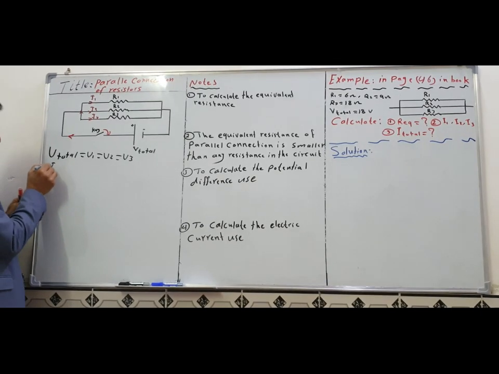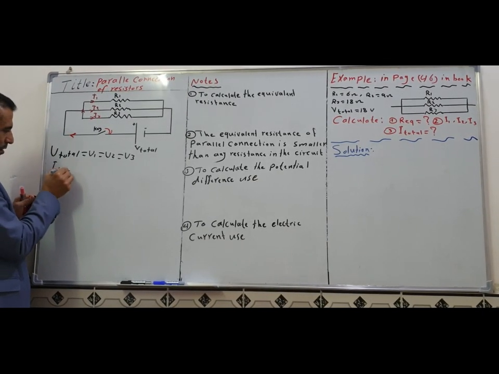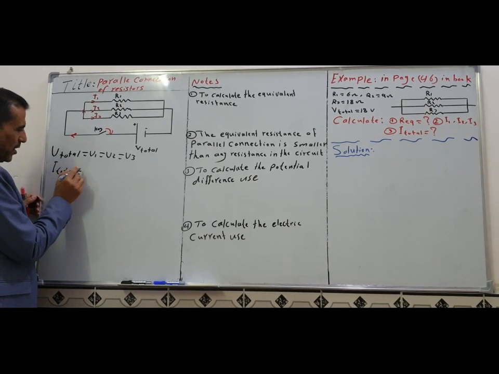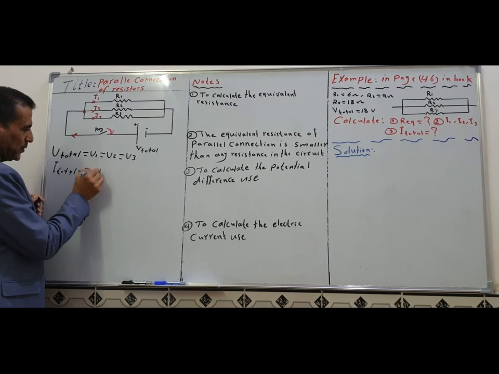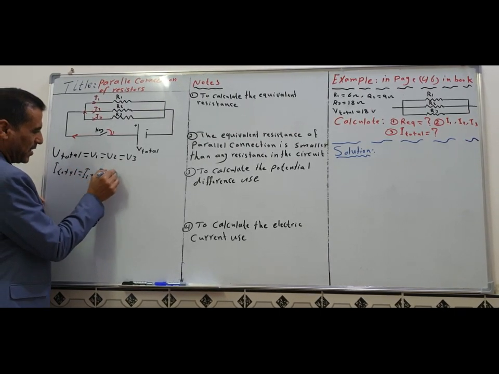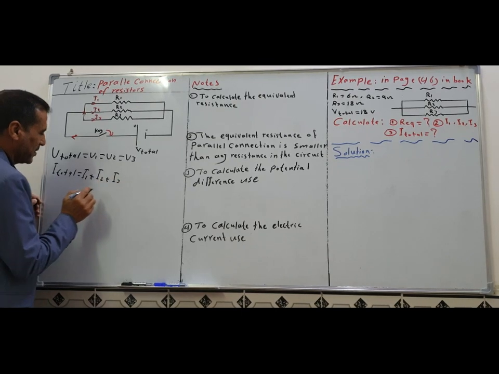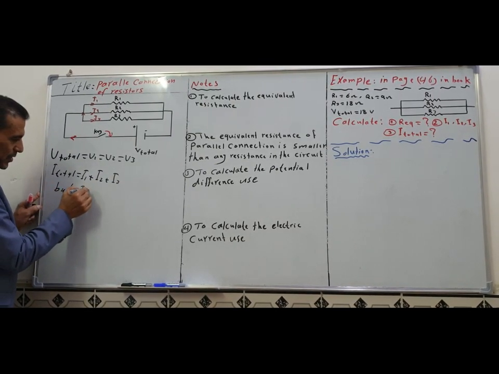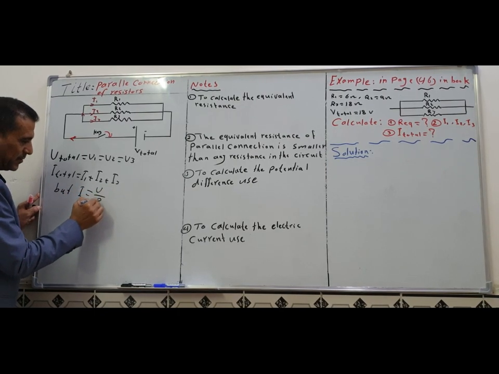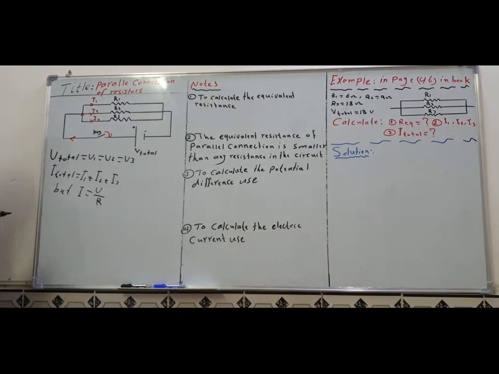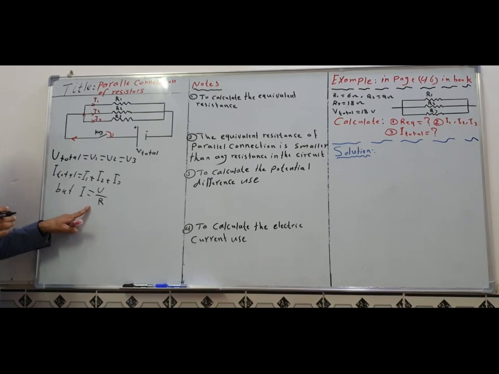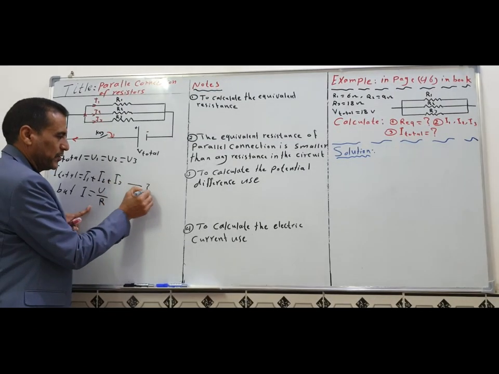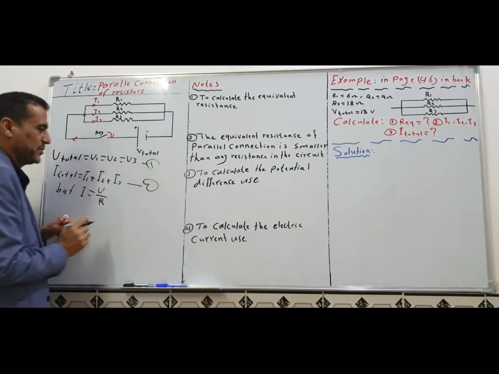I total equals I1 plus I2 plus I3. But I equals V divided by R. Substitute this equation in equation 2. This is equation 1 and this is 2.